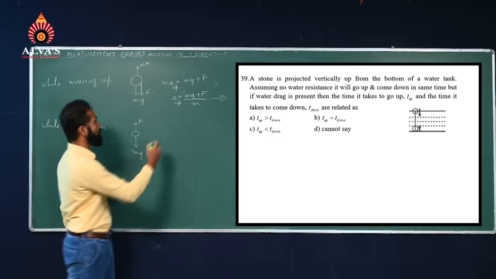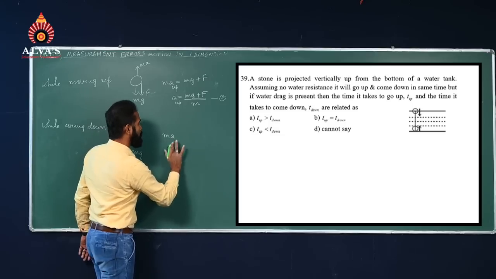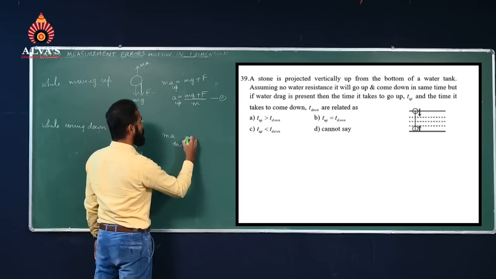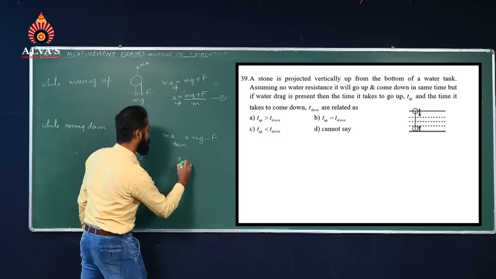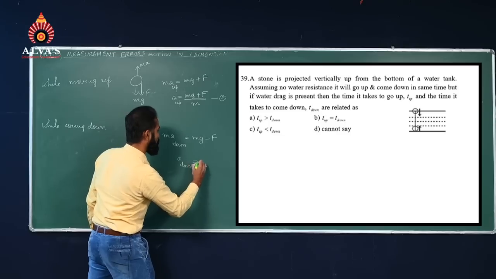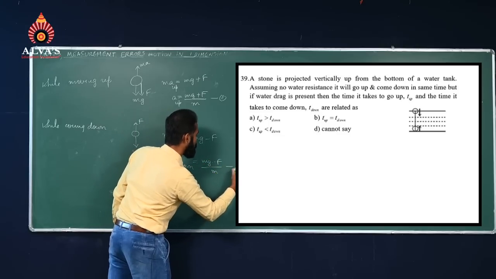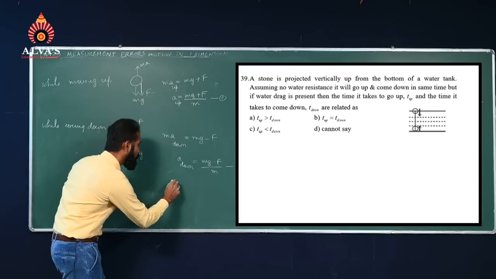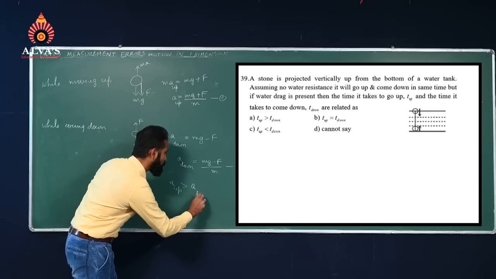So once again apply Newton's second law: m into a down should be equal to mg minus f, or acceleration down will become (mg minus f) divided by m, call it equation 2. Now if you compare equation 1 and 2, acceleration upward is more than acceleration downward.